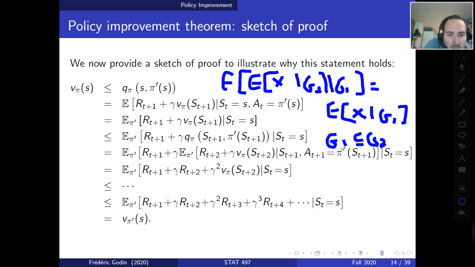Okay, so here g1 would be the current information of s_t, and the next state here. We could also condition on s_t, but this conditioning on s_t would disappear because of the Markov property. If we know s_{t+1}, all that will happen after s_{t+1} is not impacted by s_t, it's only impacted by s_{t+1}.